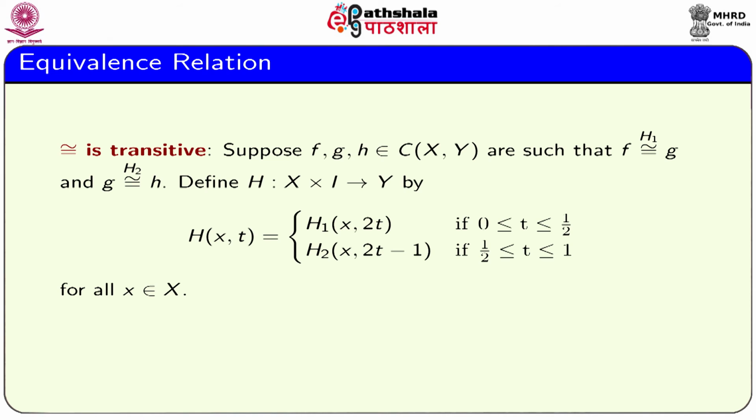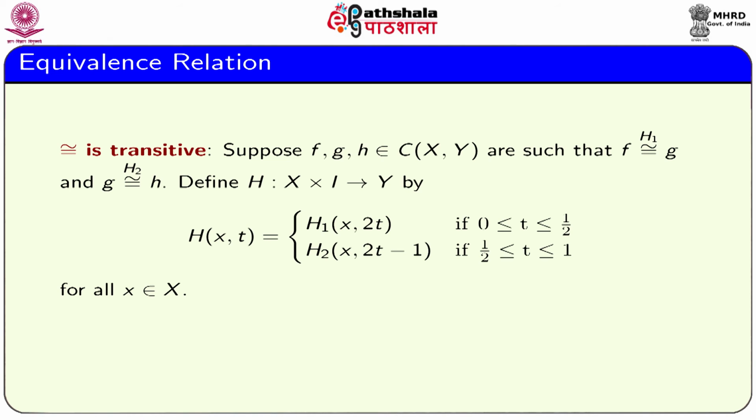In the first portion, that is from 0 to half, we define H by means of H1, and in the second half, that is when t varies from half to 1, we define H by means of H2.